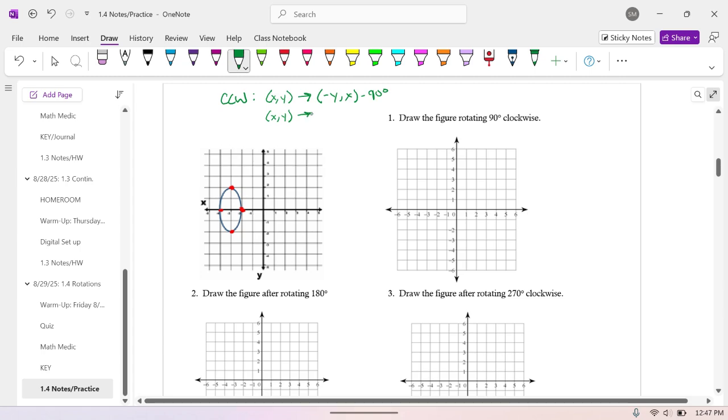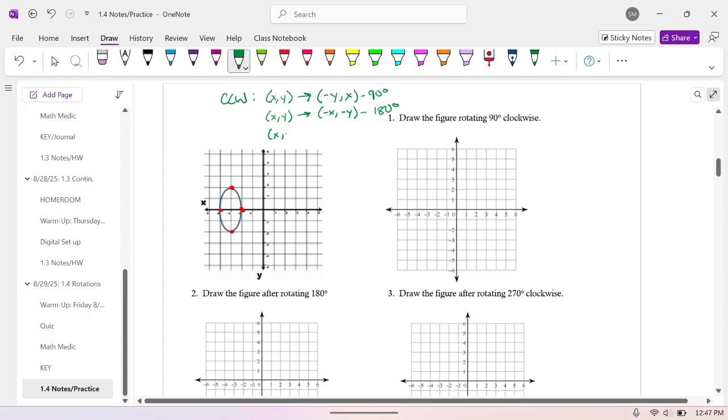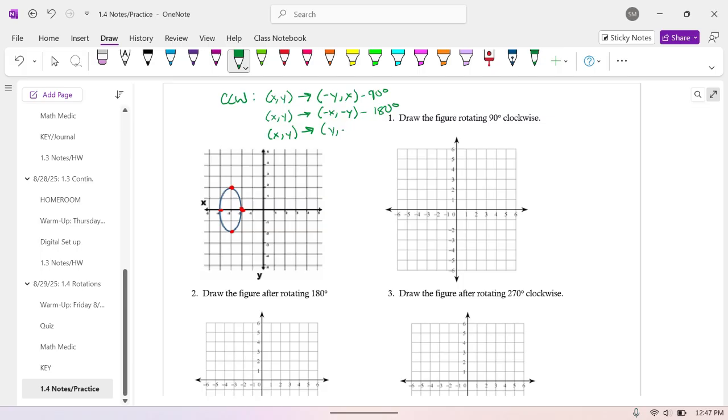It would be xy would now become negative x, negative y for 180 degrees. And then y, negative x for 270 degrees.